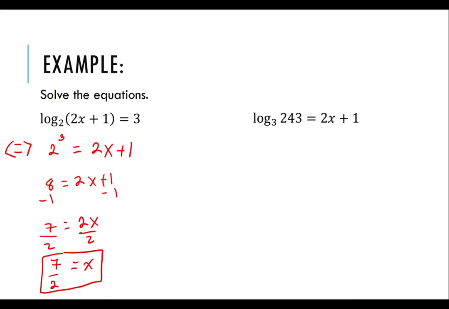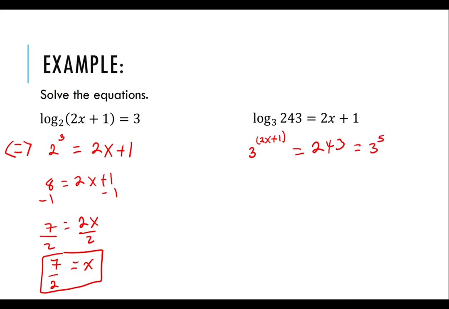Here, for the next one, I have log base 3 of 243 is equal to 2x plus 1. So, using the equivalent definition, that is the base 3 raised to the 2x plus 1 power is equal to 243. Well, at this point, it could be a little daunting. But I'm going to take a wild guess and assume that I need to write 243 with a base of 3. And then we can notice that 243 is really 3 to the 5th power.